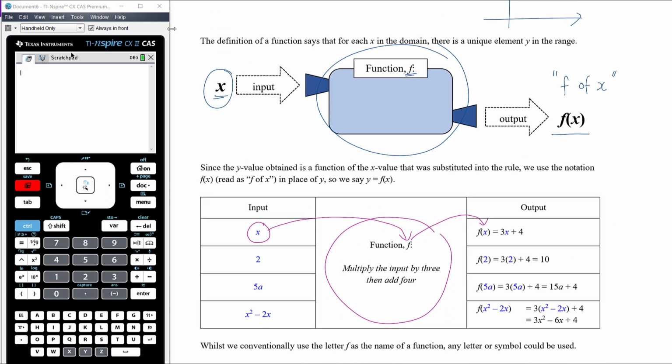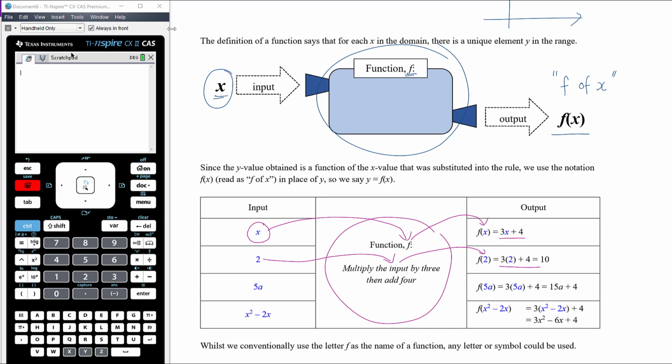Applying function f to x means taking x, multiplying it by 3 and adding 4. So f of x is 3 times x plus 4. If our input is 2, we apply function f to it, f of 2. That means we take the number 2, multiply it by 3 and add 4 to it. That gives us 10.